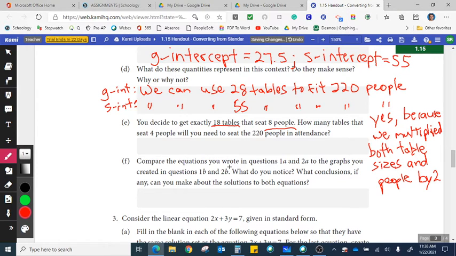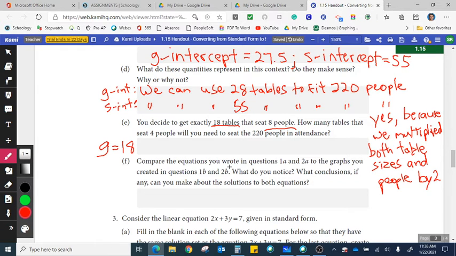How many tables that seat 4 people will you need to seat the 220 people? So 18 tables that seat 8 people. What we're going to do is plug in the large tables, G, not P, but G. So G is going to equal 18.